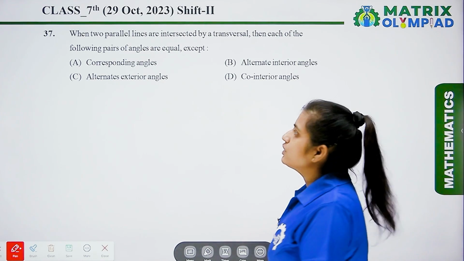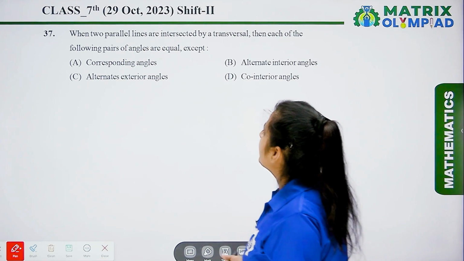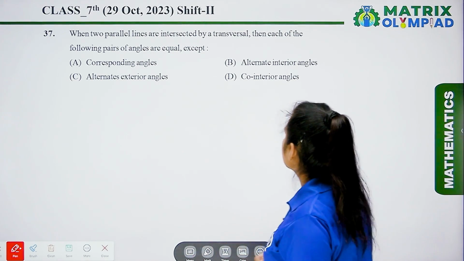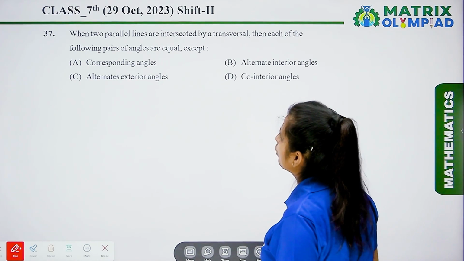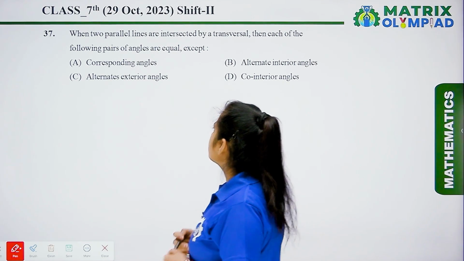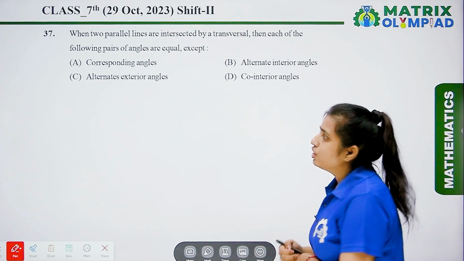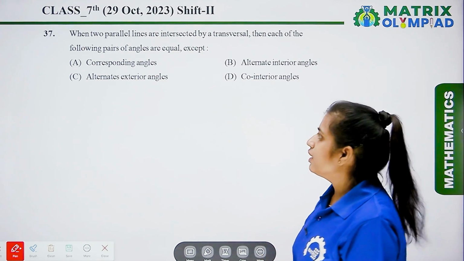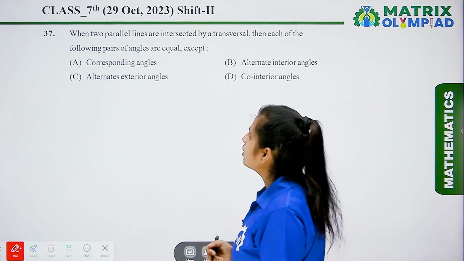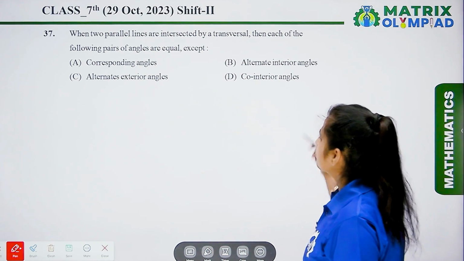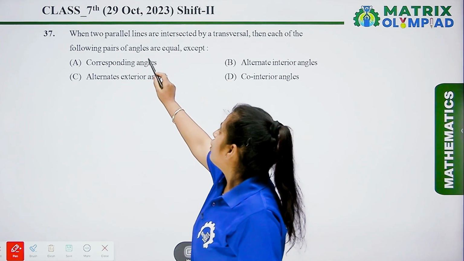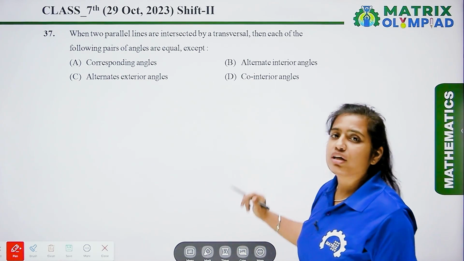Now the next is question number 37. When two parallel lines are intersected by a transversal, then each of the following pairs of angles are equal except. So here we have to find out of these four options, according to parallel lines, which pair of angles are not equal.